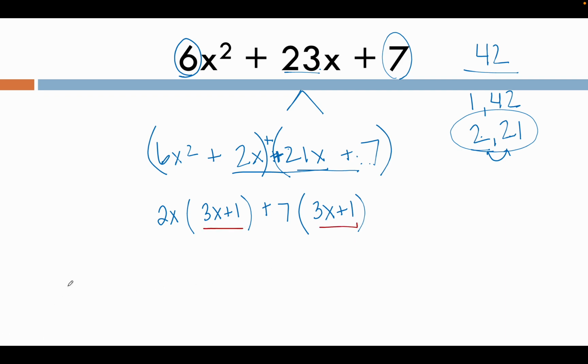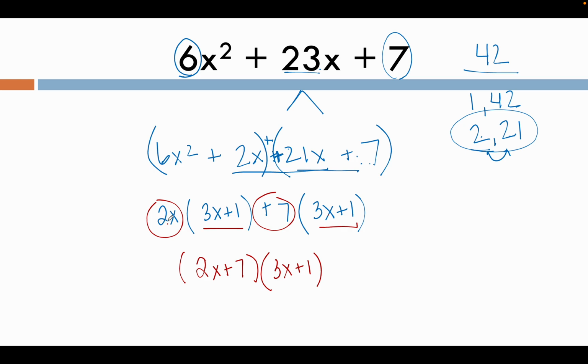What that means is that multiplying 2x times this quantity and 7 by that same quantity is the same thing as saying 2x plus 7, that quantity, times 3x plus 1.